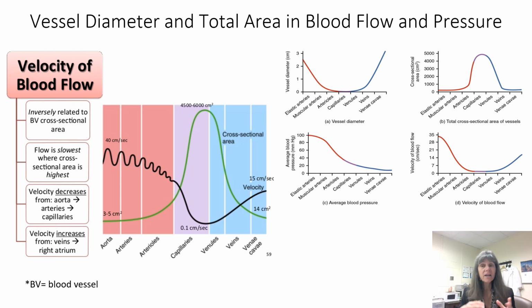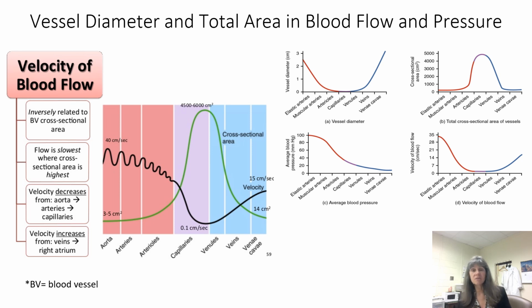And so that's why the total cross-sectional area of those kinds of vessels is going to increase as we get small, and then as we go back through venules, veins, and the big vena cava, it gets smaller again in terms of total cross-sectional area.